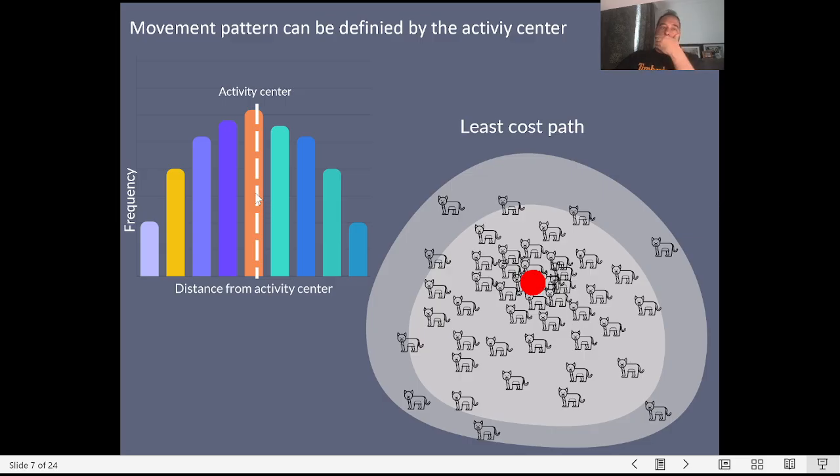In this case, we have the activity center here with the most detection, and the farther we get from one side or the other, which means this and this, from the activity center, we'll get less detection. The frequency of detection will decrease.